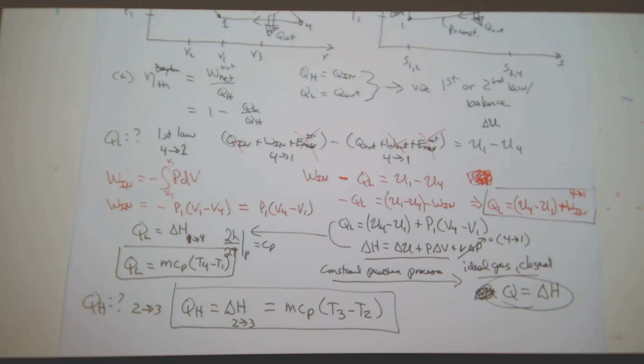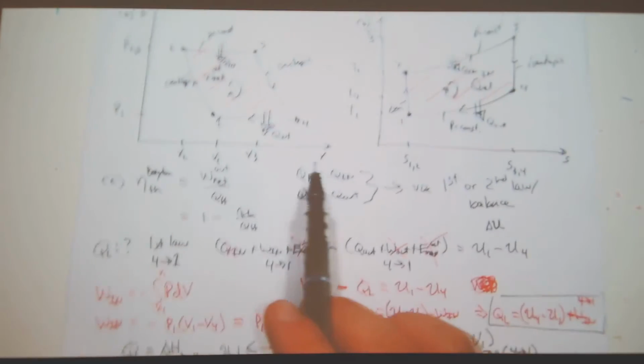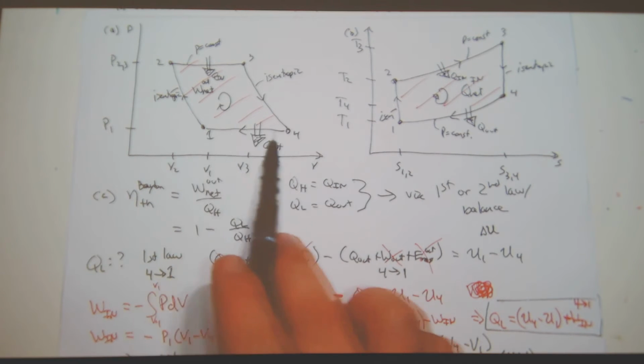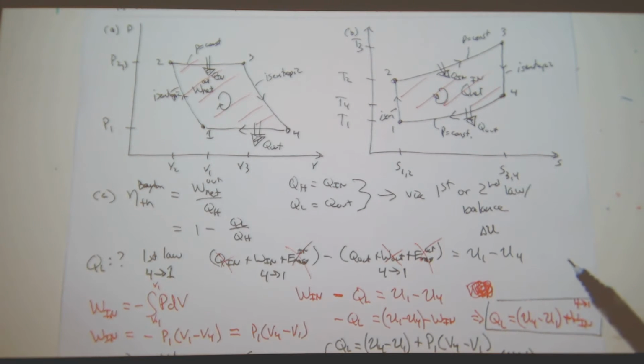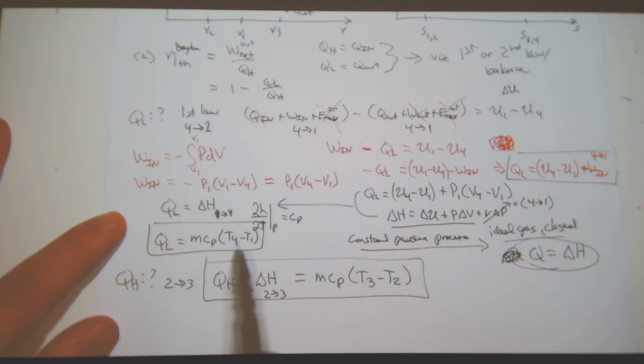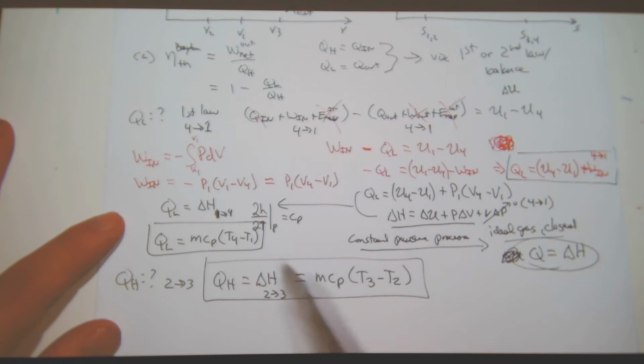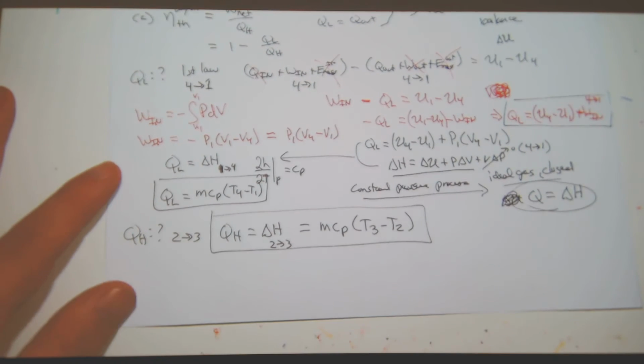I just skip a bunch of steps because I'm going through the same thing. Now this was minus QL. If we did it before, minus QL equals delta H, so then we ended up getting this 4 to 1 instead of 2 to 3. But you get the general idea.